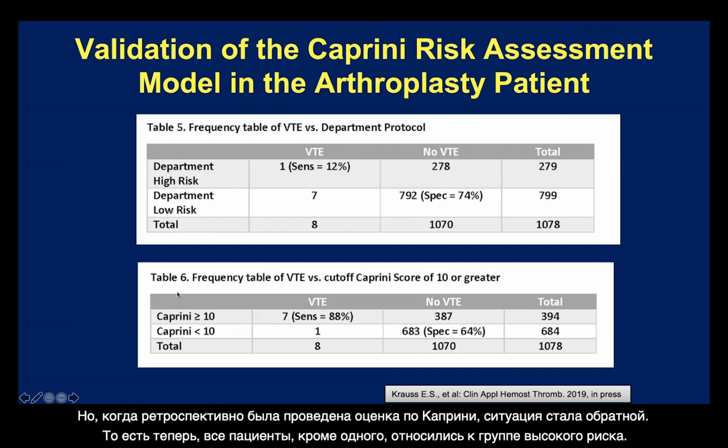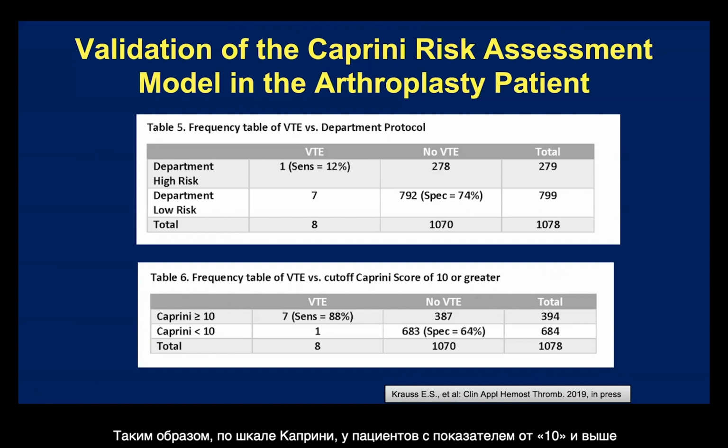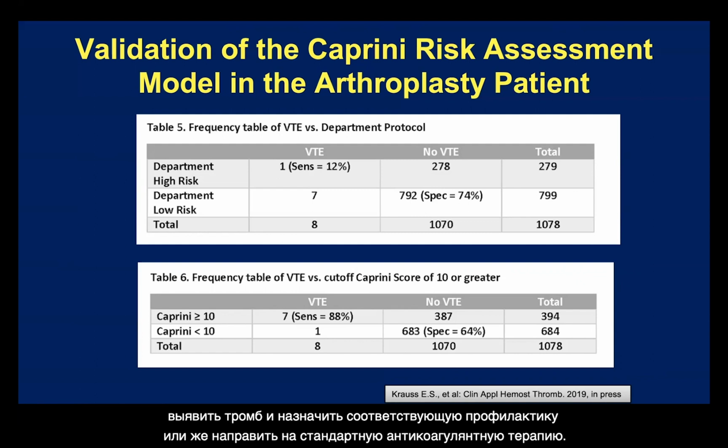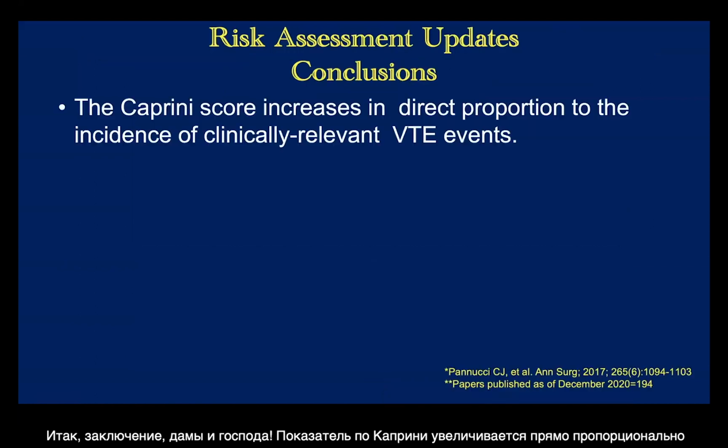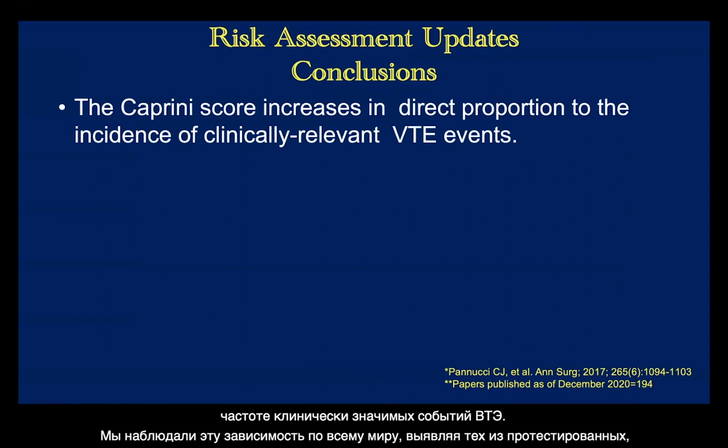Now, when the Caprini score was done in retrospect, the opposite was seen. All but one of those patients was in the high risk group. So the Caprini score could predict, in patients who had a score of 10 and above, who would get a clot, and also who would be candidates for a standard anticoagulation.